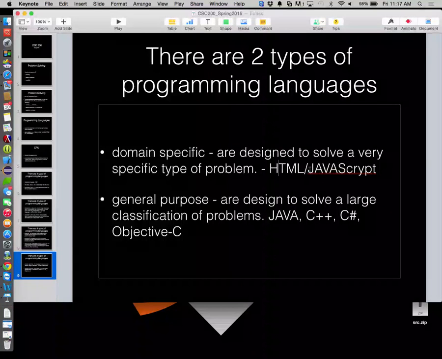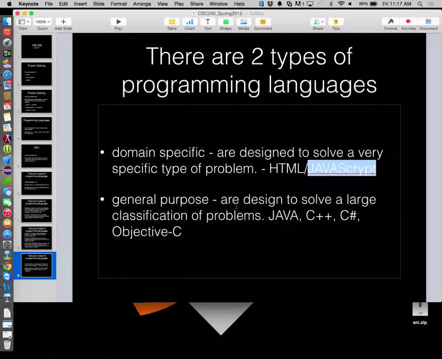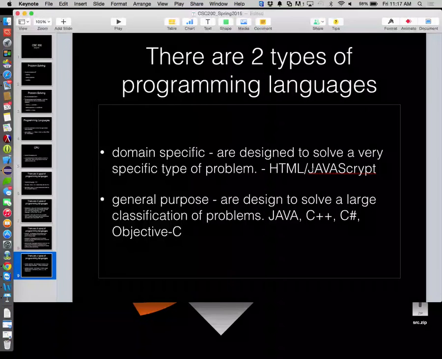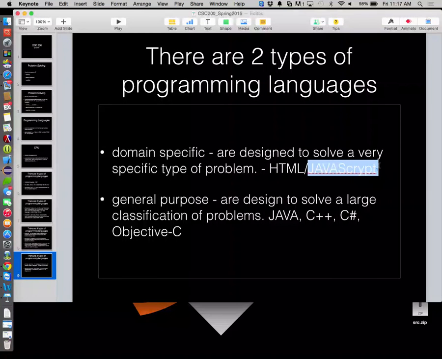The other thing is, since JavaScript, as its own individual language, has a bunch of constructs in it for solving general problems, it's probably fair to say that JavaScript is actually a general purpose language. It's commonly used for adding some dynamic capabilities to web pages.